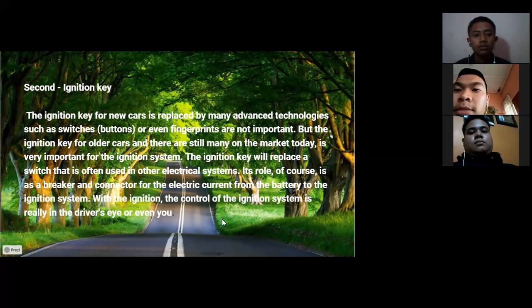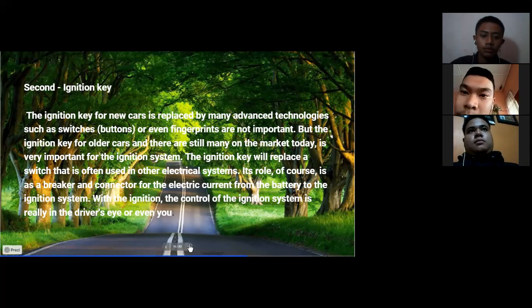The ignition key will replace a switch that is often used in the electrical system. Its role, of course, is as a breaker and connector for the electrical currents from the battery to the ignition system. With the ignition key, the control of the ignition system is really in the driver's hands, or even yours.